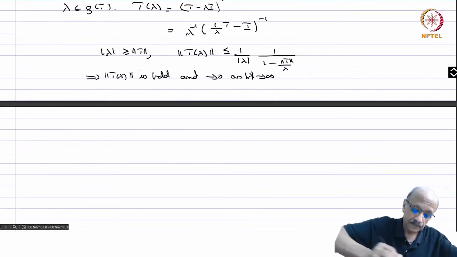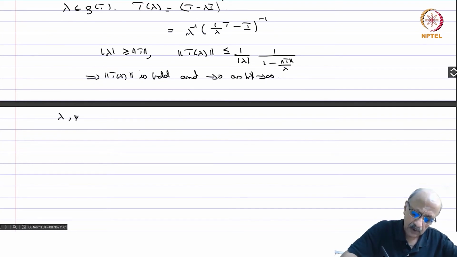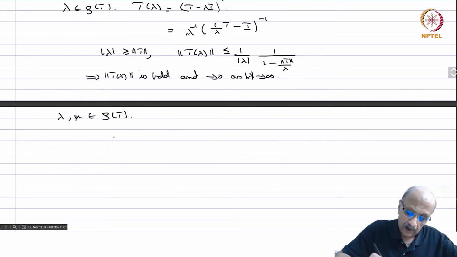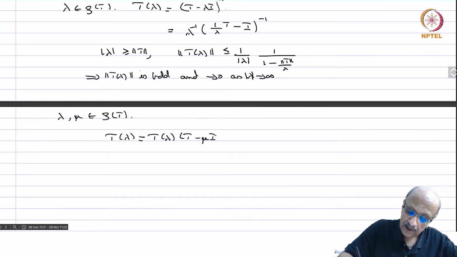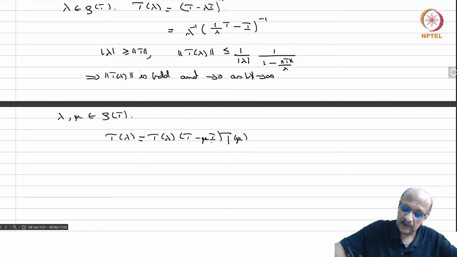Okay, now let lambda and mu belong to rho of T. So T_lambda I am going to write as T_lambda times (T minus mu I) times T_mu. So (T minus mu I) T_mu is nothing but the inverse of T minus mu I, and so that's identity. So T_lambda is this.